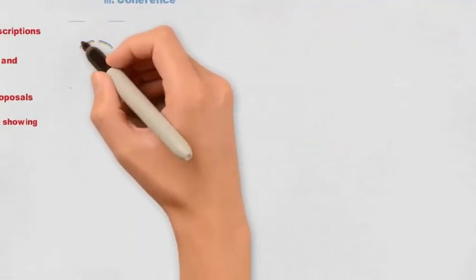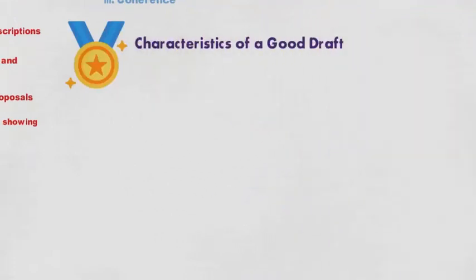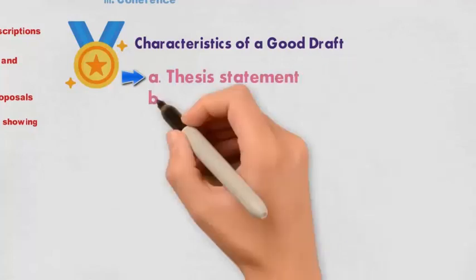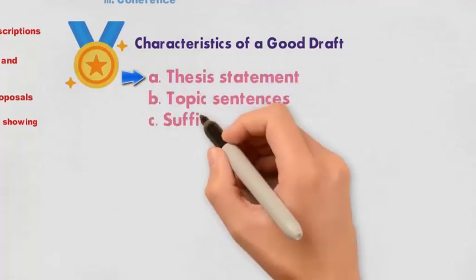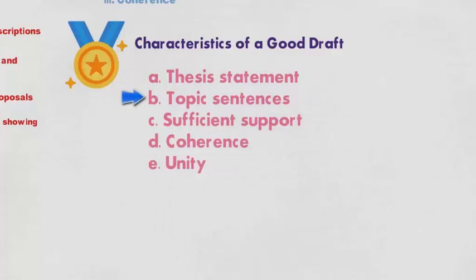There are 5 separate writing characteristics that will help your reader to understand your draft. Number 1. In a thesis statement, you introduce your topic and write a 1-sentence statement. Number 2. For clarity, each paragraph should begin with the topic sentence that states the main idea of that paragraph. Number 3.